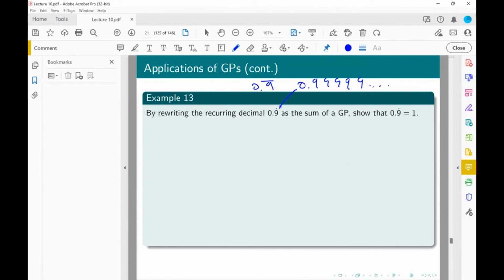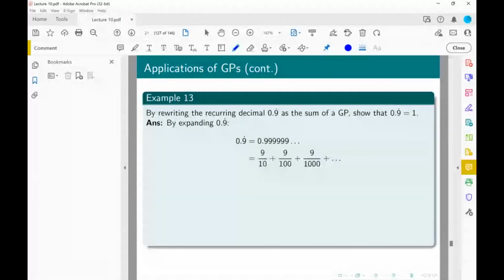Well, how do GPs come into this? Let's write this as a sum. So this 0.9 repeater is 0.9999, etc. What is this explicitly? Well, it's 0.9 plus 0.09 plus 0.009. So it's 9/10ths plus 9/100ths plus 9/1000ths. And we recognize that that's a GP.